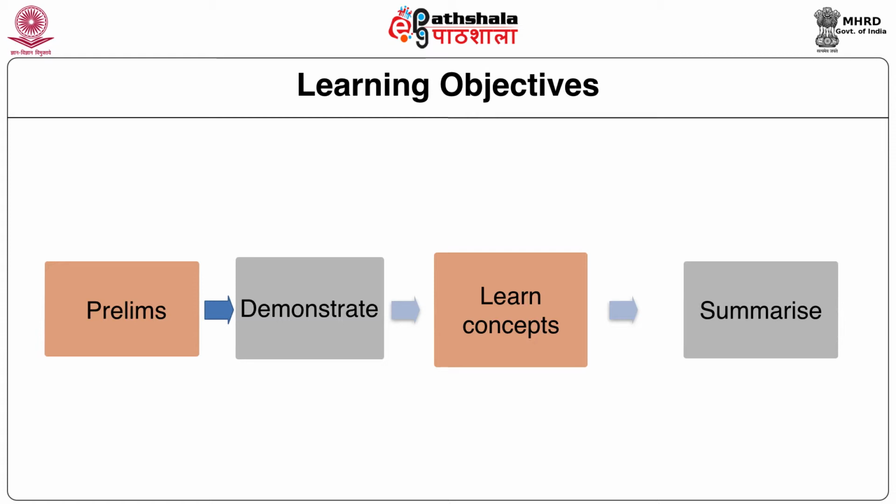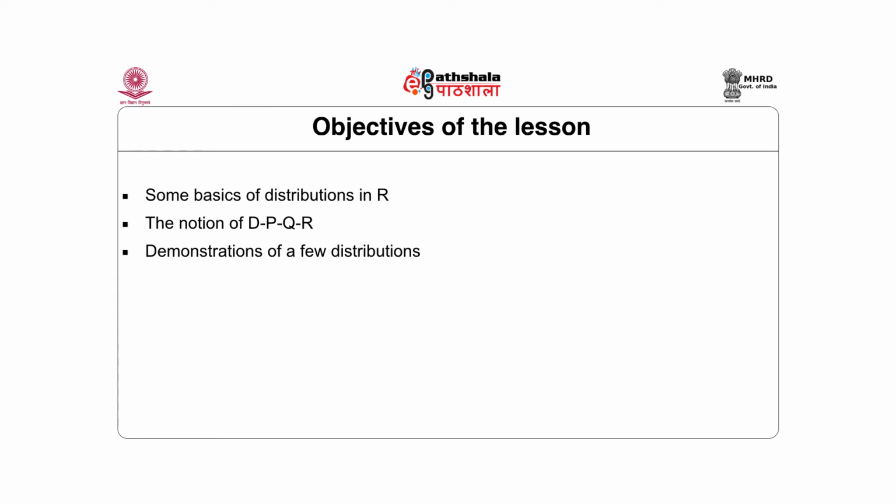So without much ado, let us move on to the objectives of this lesson. In this lesson, we are going to learn some of the very basics of distributions in general.